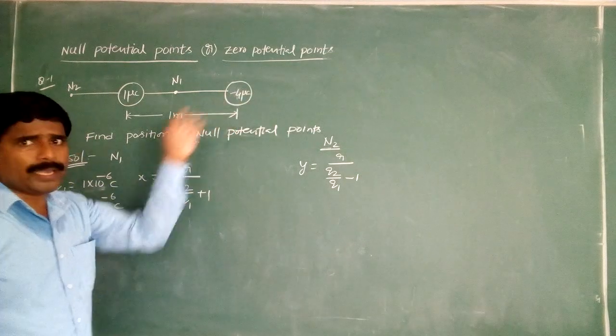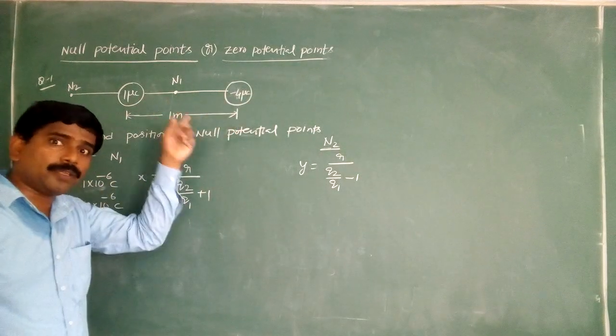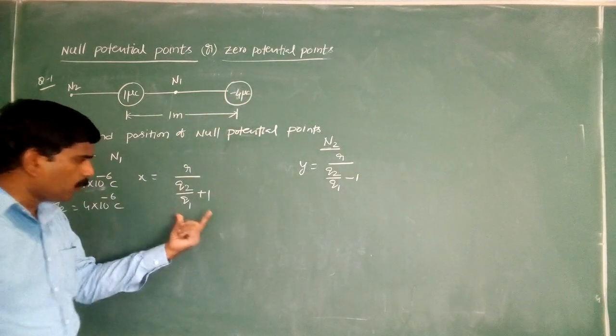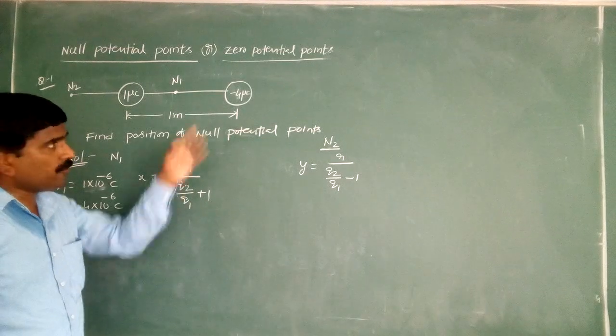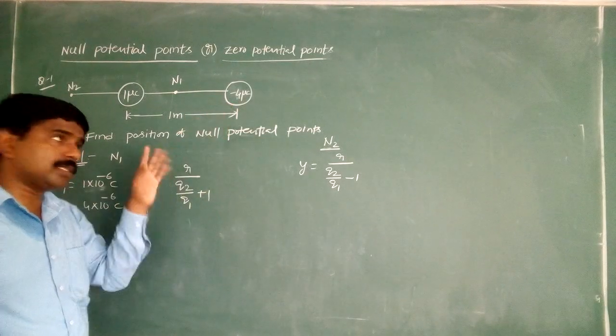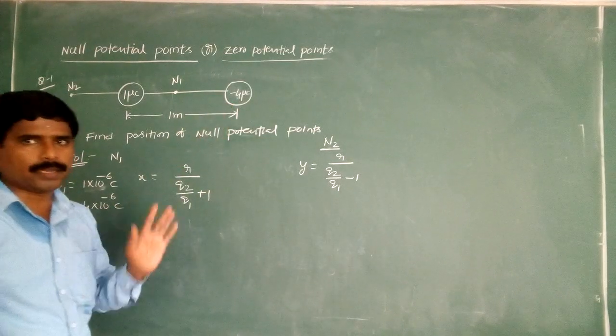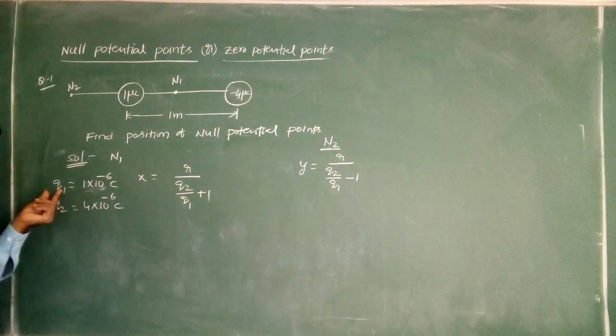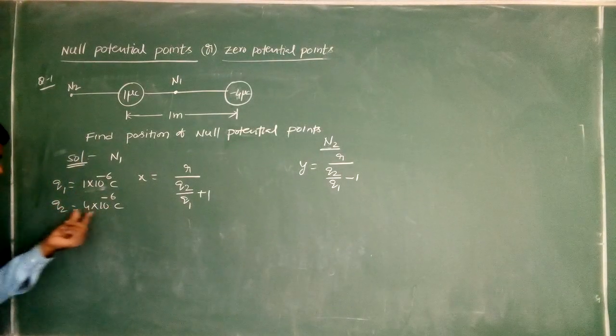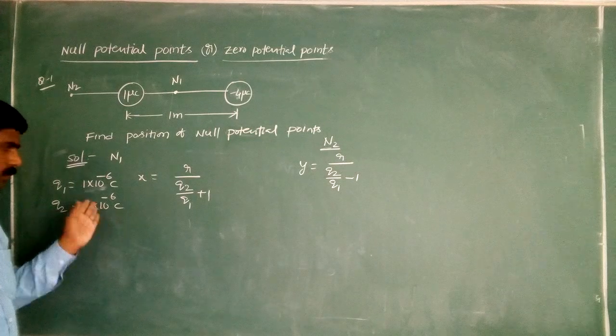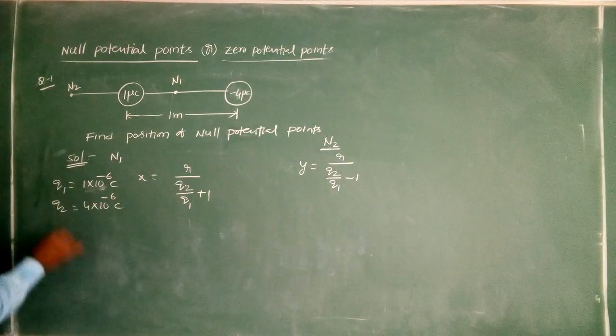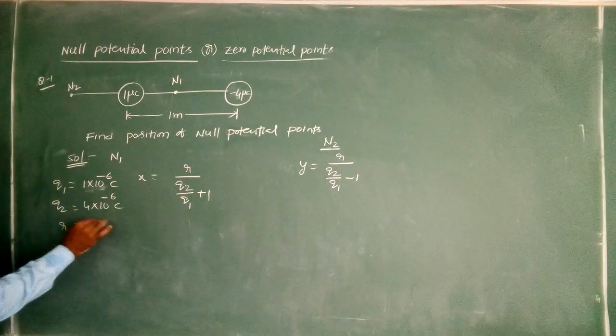Right now there is no need to take the negative sign, because we already used it in the proof. If you take it once again, the negative becomes positive, which is not correct. So the first charge is 1 microcoulomb and the second is 4 microcoulombs. Substitute the values: separation R is 1 meter.